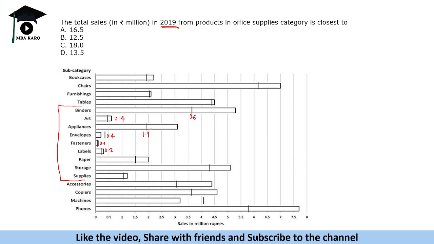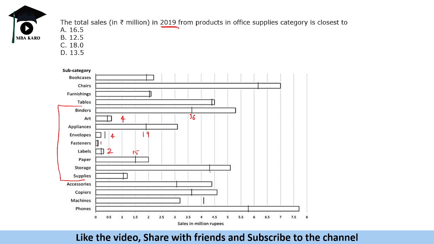What one must do is avoid the decimals. Avoiding the decimals helps because you don't need to write the point. You can just add these numbers easily in your head if you're good with numbers. If not, you can still write and save time. Paper is exactly 1.5, so this is 15.